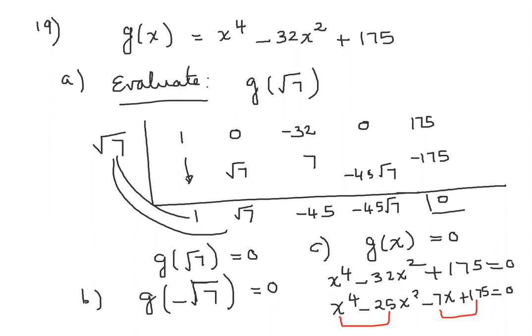So I'm rewriting the expression 25x squared minus 7x squared plus 175 equal to 0.